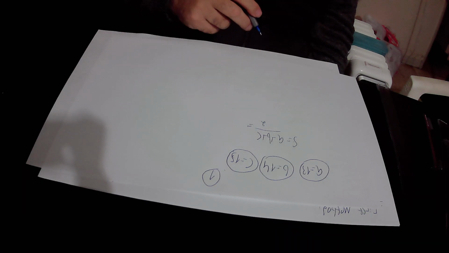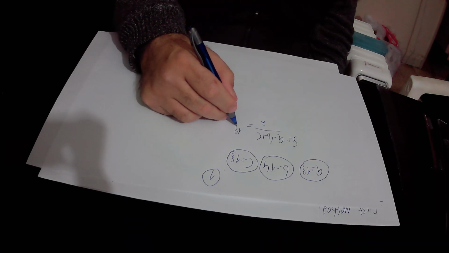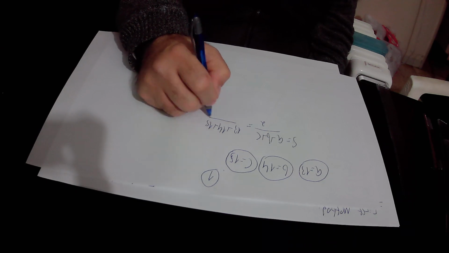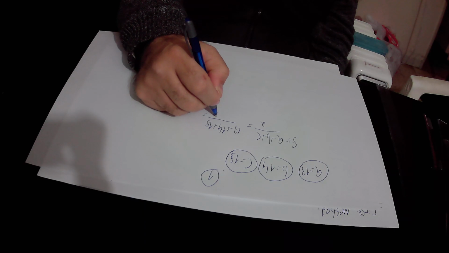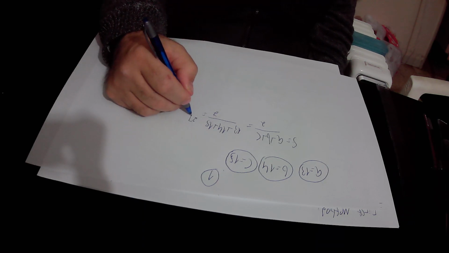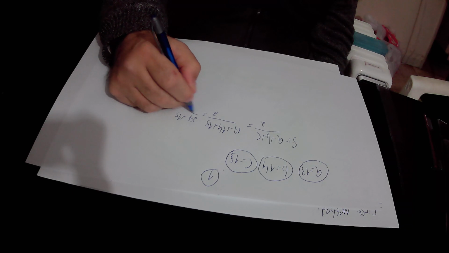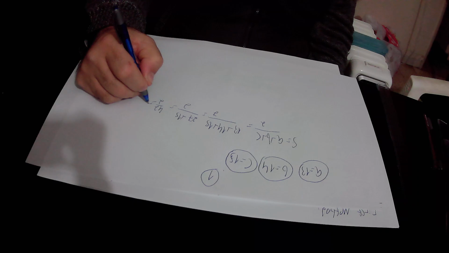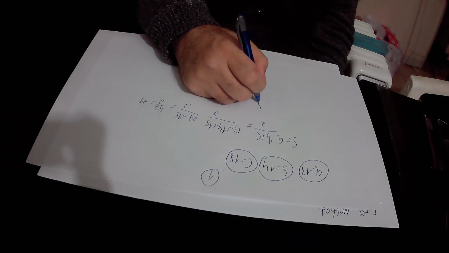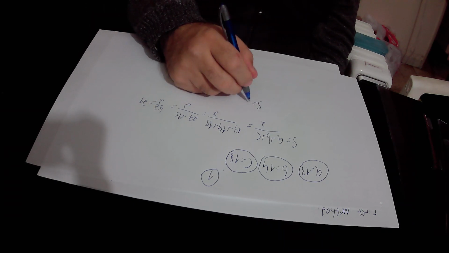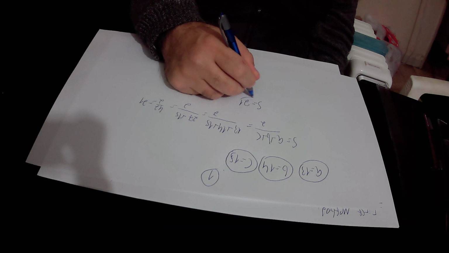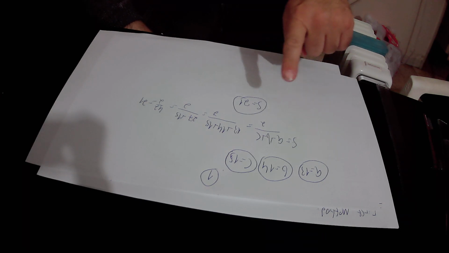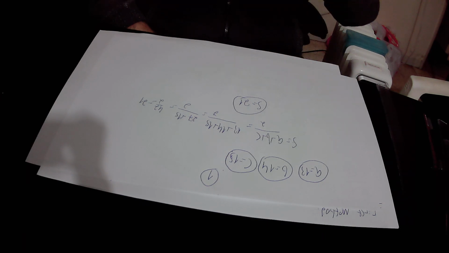So S equals A, that is 13, plus B, that is 14, plus C, that is 15, over 2. 13 plus 14 is 27, plus 15 over 2. 27 plus 15 is 42, and 42 over 2 is 21. So finally we found that the semi-perimeter S of our triangle, triangle ABC, equals 21 units, and A equals 13, B equals 14, and C equals 15.